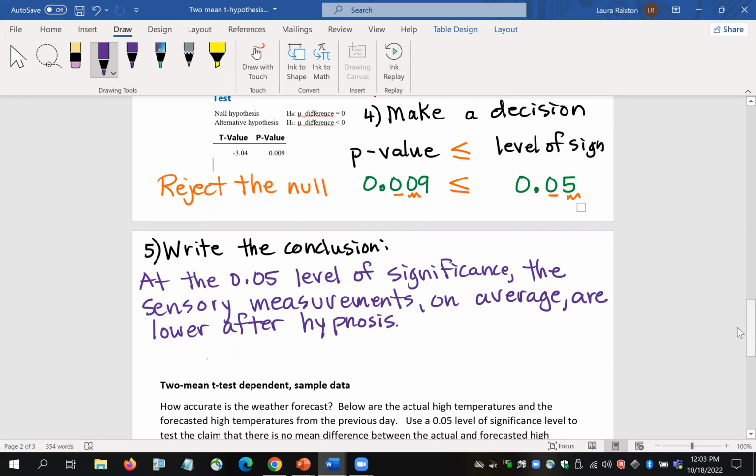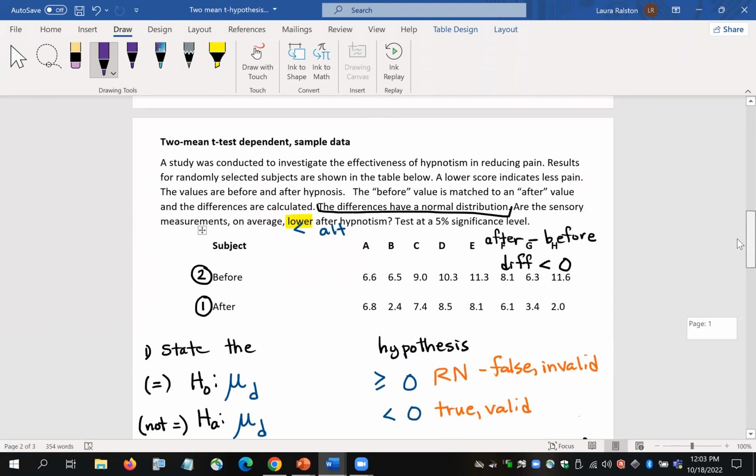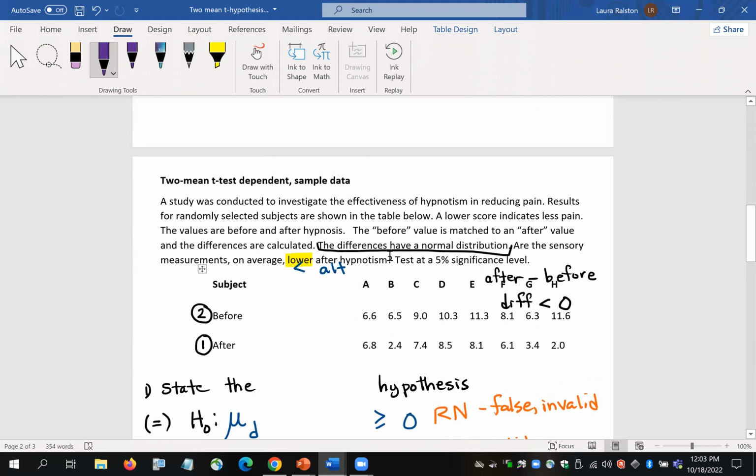Guys, it's the same process of hypothesis testing over and over and over again. You are simply changing what test statistic you are calculating based on the information that you're given. Now, again, the piece in this problem that was important that helped us to know to do the paired t-test was that our differences have a normal distribution.